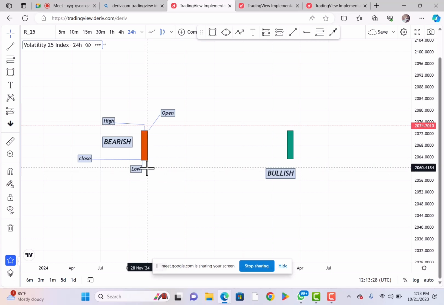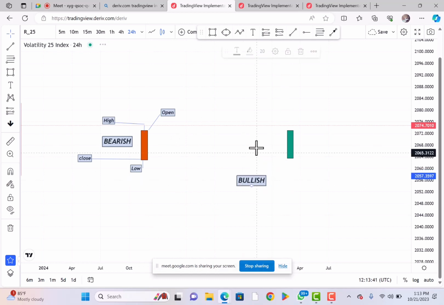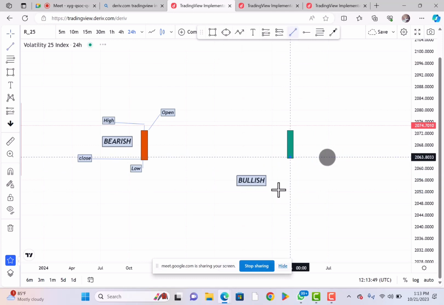But at some point they exhausted their energy and could no longer push price further, and as a result the market closes at this price level. In a very similar way, the bull candle has an open price and also has wicks. I'm just giving you a more general view of how a candle looks.